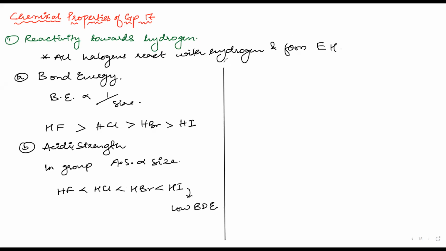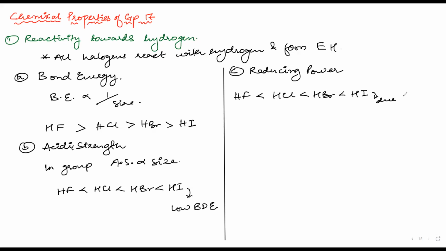Okay, next point. Now C, reducing power. Whoever gives up the hydrogen more easily will be more reducing. It will have more reducing power. So HF, HCl, HBr, HI, due to low bond dissociation energy.